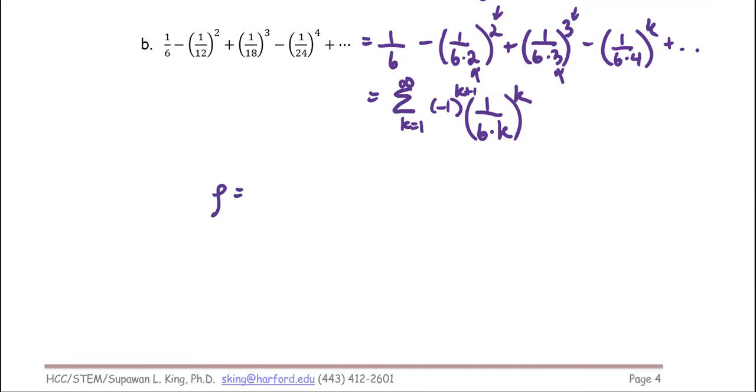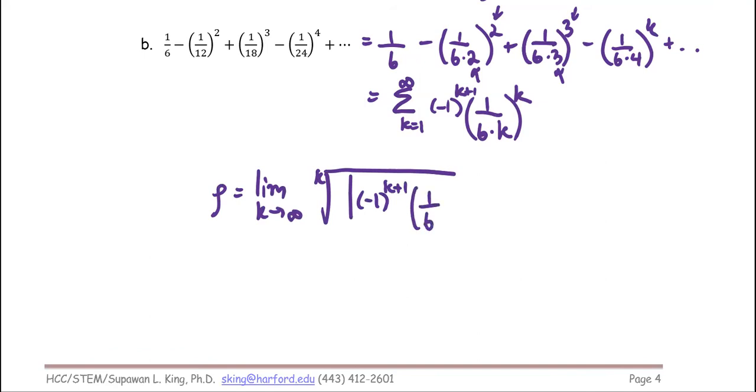So the rho is the limit as k approaches infinity of the k-th root of the absolute value of (-1) to the k plus 1 multiplied by 1 over (6k) to the power k.